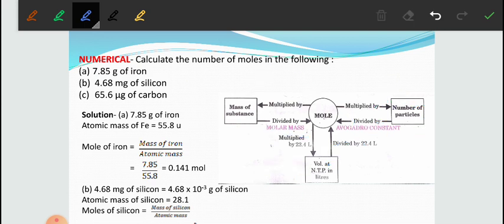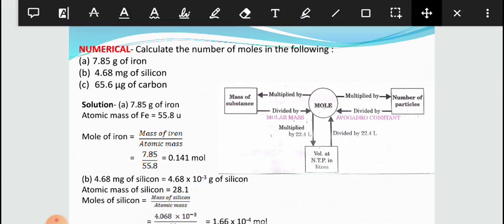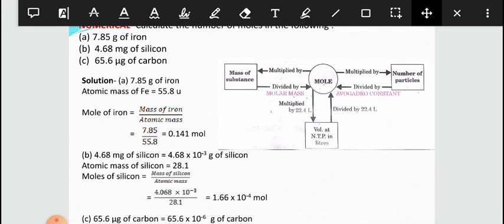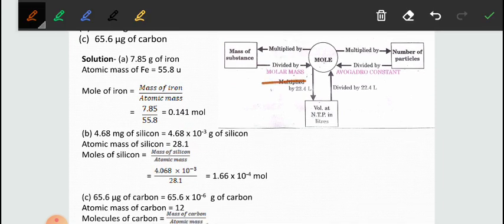So 4.68 into 10 raised to the power minus 3 gram, and the atomic mass of silicon is 28.1. So if I want to calculate moles, I just need to divide by the molar mass, that is 4.68 into 10 power minus 3 divided by 28.1, and you will get your answer.